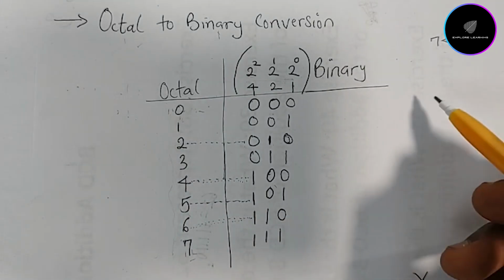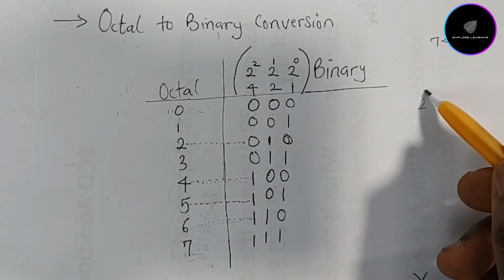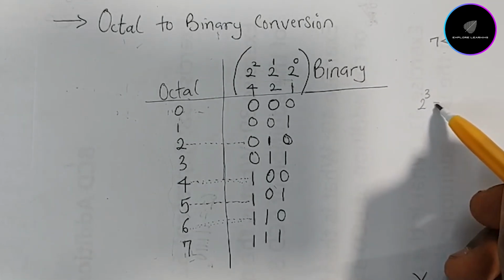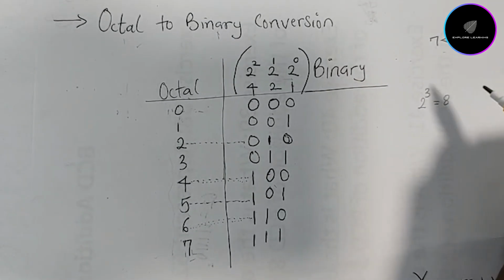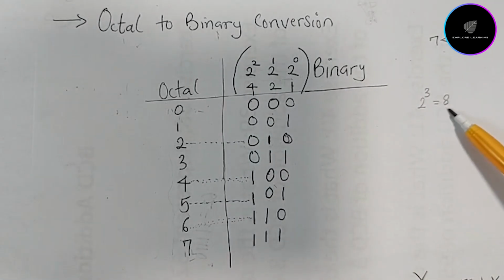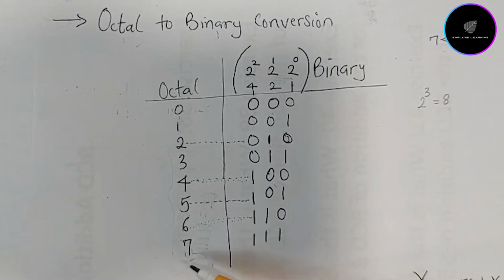Now if you consider 2 raised to power 3, this is going to give us 8. What that tells us is that the value 8 is greater than 7.